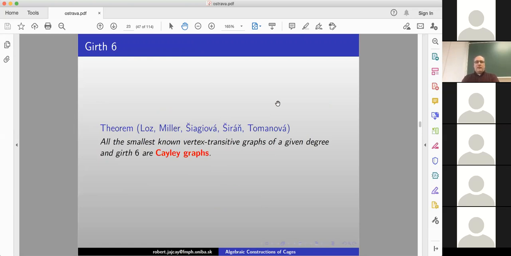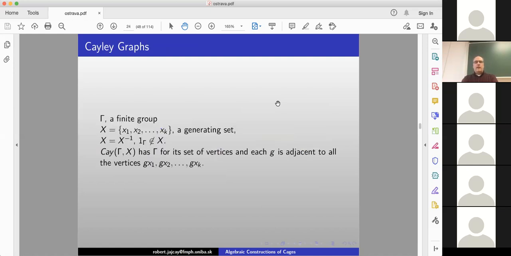For instance, Loz, Miller, Širáň, and Tomanová proved that all of the smallest known vertex transitive graphs of a given degree are even Cayley graphs. Cayley graphs constitute a subclass of the vertex transitive graphs, but a very important subclass, and I will be focusing on these for a while now. Okay, so what is a Cayley graph? So once again, I'm not cheating you. I'm still talking about vertex transitive graphs.